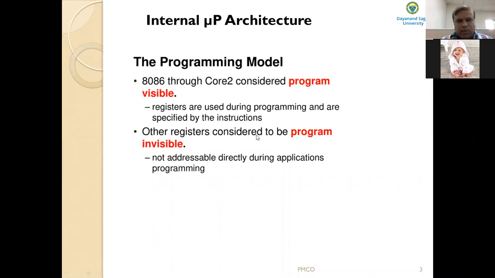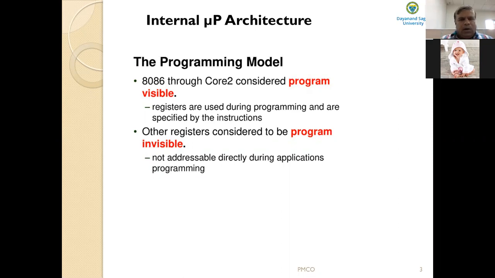And other registers are considered to be program invisible registers, because they are not directly addressable during application programming, but they are indirectly used during system programming. So program visible registers can be used directly during programming and are specified by instructions, whereas program invisible registers cannot be addressed directly during programming, but they are indirectly used during system programming.